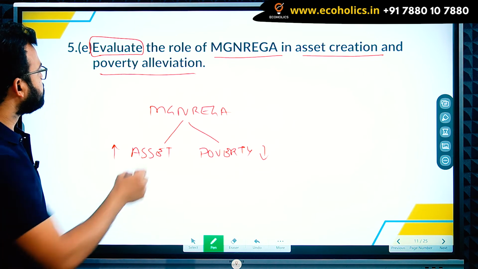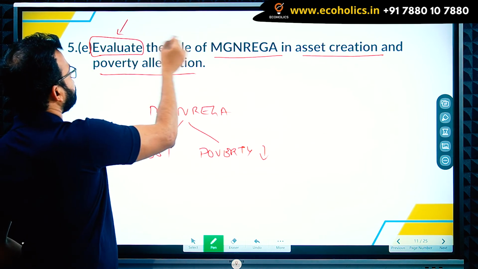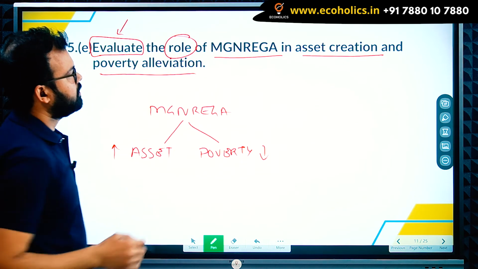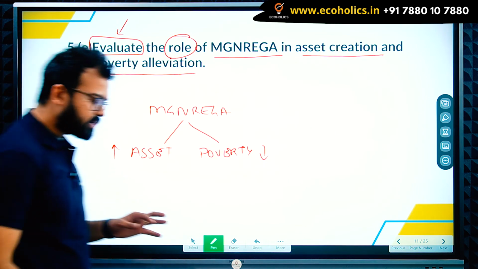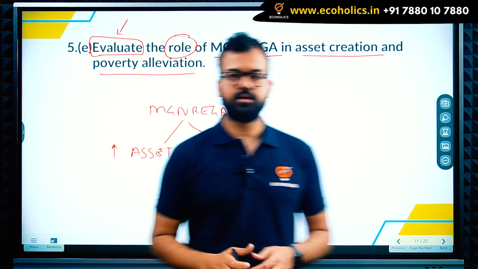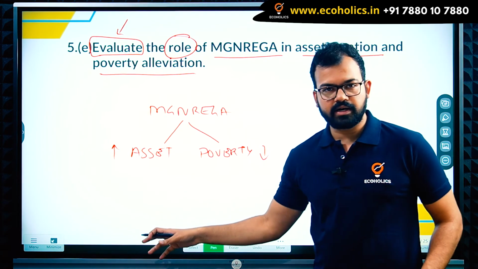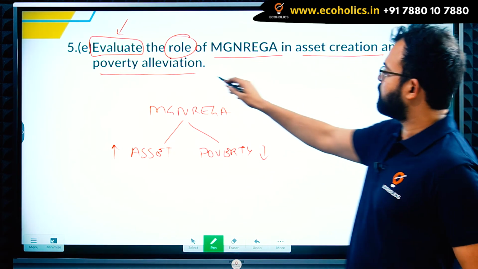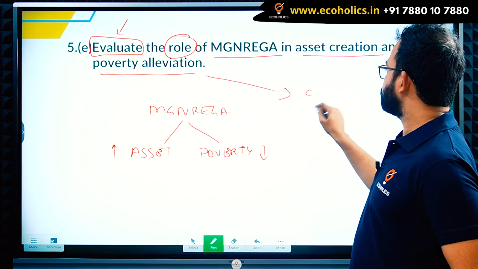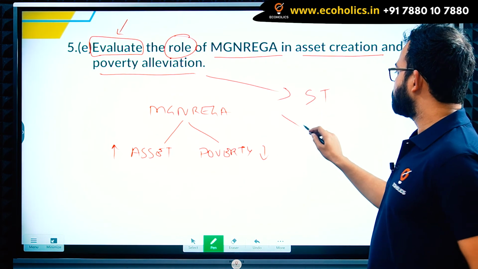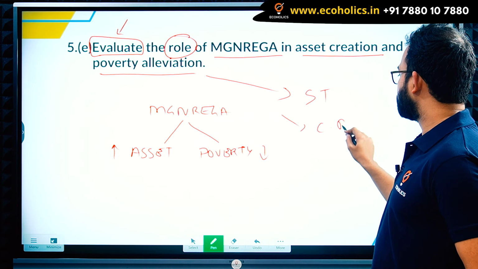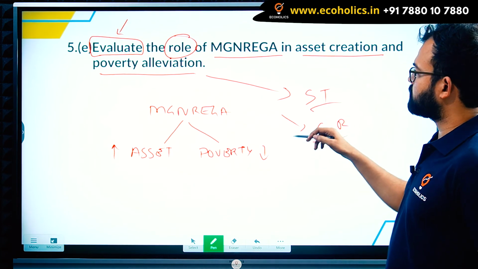So what you have to do is evaluate the role. If you just write what kind of assets state governments are making and how the poverty rate declined, you can mention the recommendations of the Suresh Tendulkar committee, then again the C. Rangarajan committee. These are the things that you can mention.